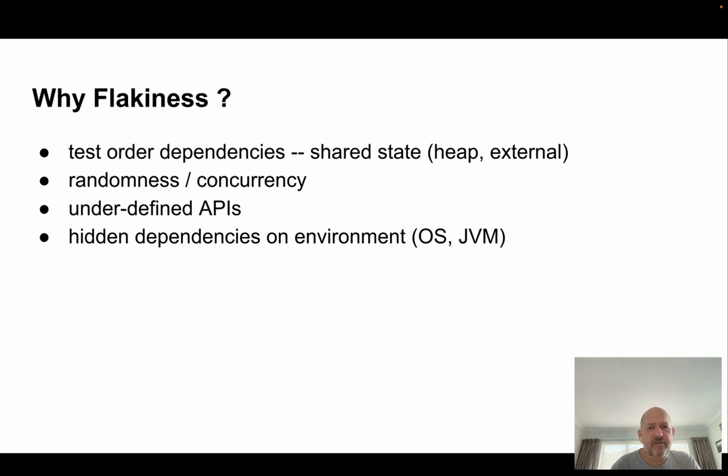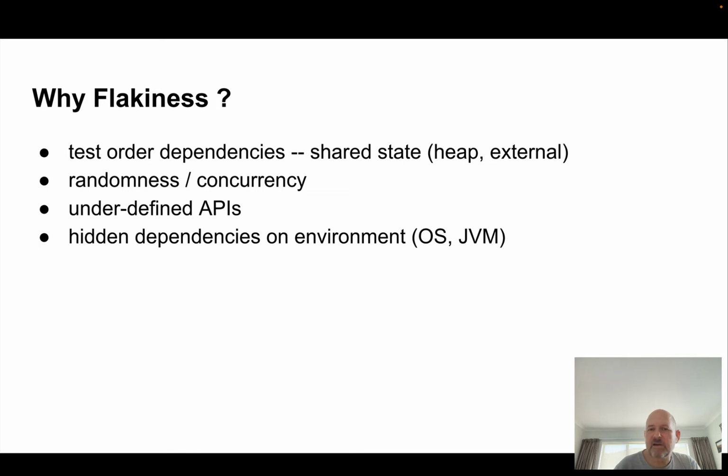There are a couple of different sources for this, and a lot of research in the last 5-6 years has been done on this. Common sources are test order dependencies that originate from shared state between tests, like shared memory. The use of randomness or concurrency, like race conditions in the program under test.